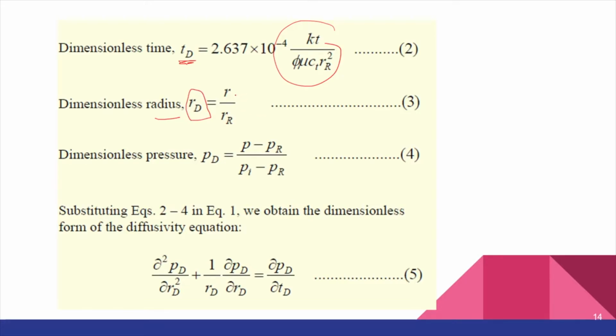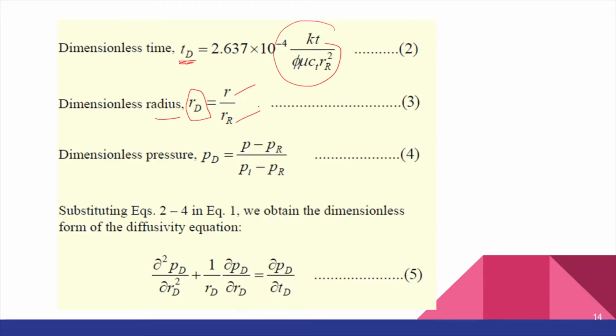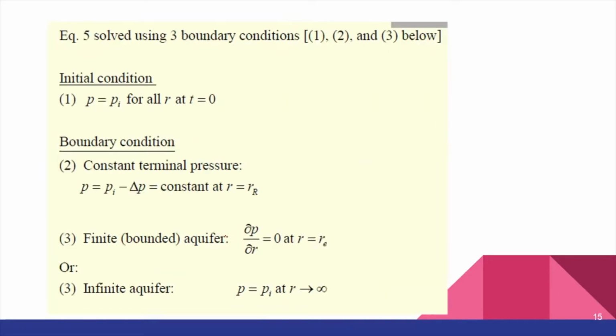So D for dimensionless. We have the radius and also the oil contact radius here, Rr. And then we have the dimensionless pressure, Pi minus P over Pi minus P reservoir. So using these three new dimensionless constants, we're going to solve this diffusivity equation.